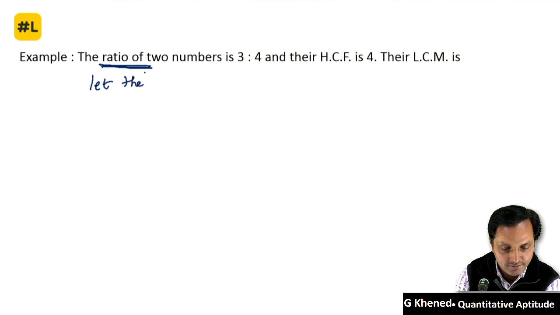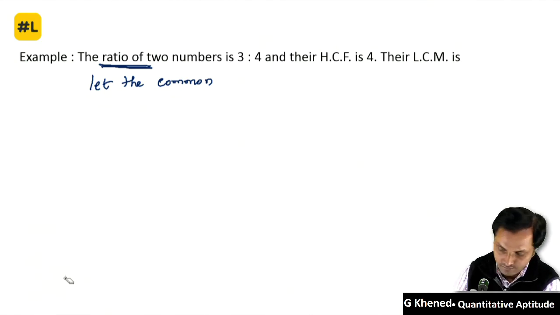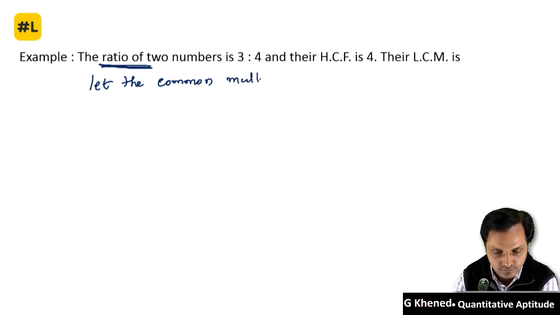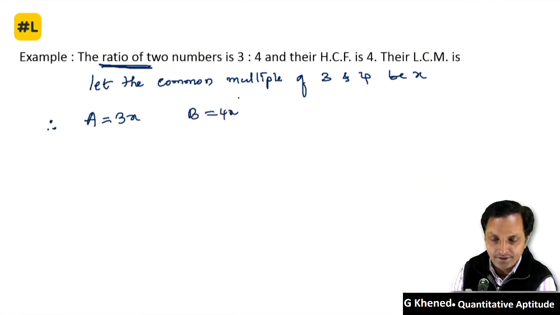Let the common multiple be x. Then the numbers will become 3x and the other number will become 4x. Let the common multiple of 3 and 4 be x, because they are in the ratio 3:4.